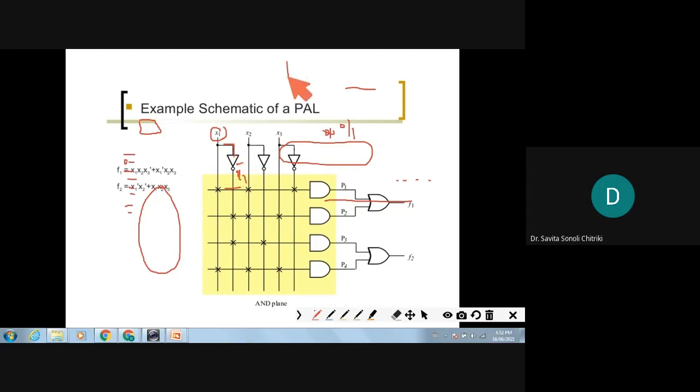So directly what is being done? Just a non-inverting input and an inverting input. So this is being connected externally to a pin. So inputs are represented like that. If I say this is I1, this will be I1, whereas this will be input 1 bar, right? So like this, the inputs are shown.